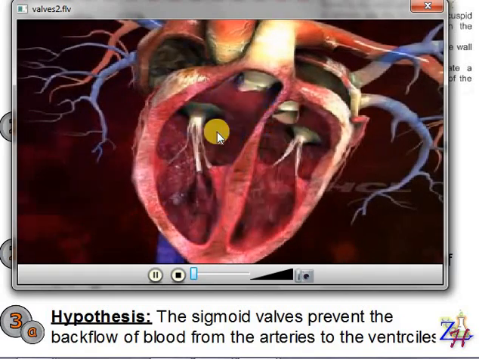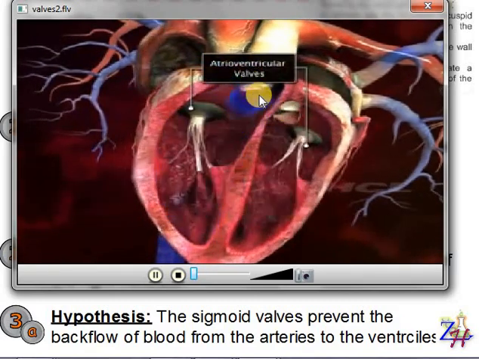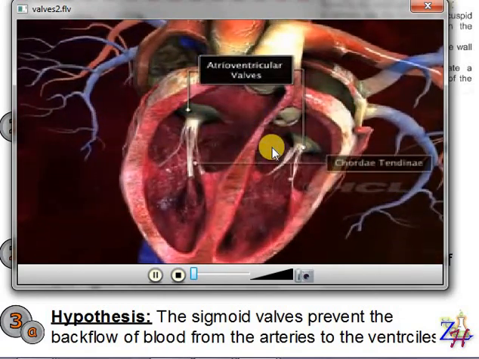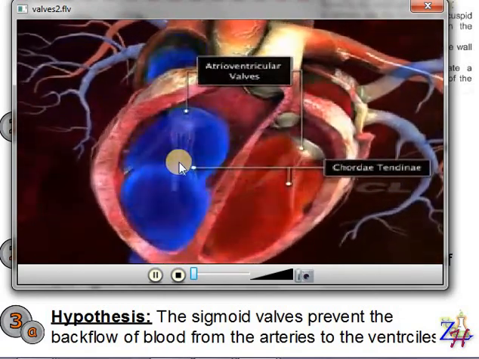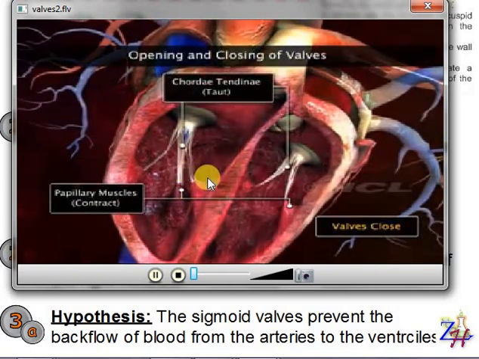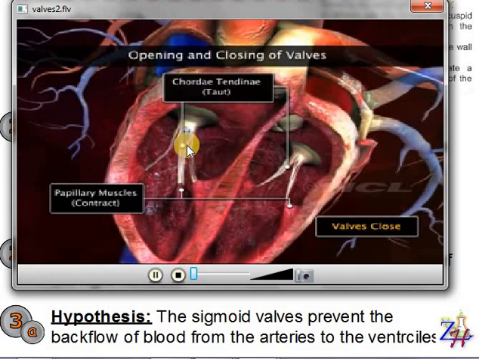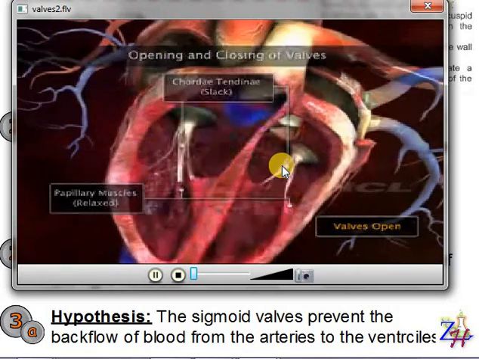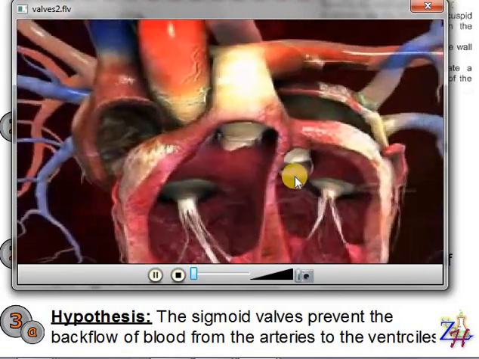Now, let's look more through these valves. So these are the tricuspid and the bicuspid valve. They are connected to the muscle of the heart by certain tendons and certain muscles. Now, they open and close in certain times to prevent the backflow of blood.